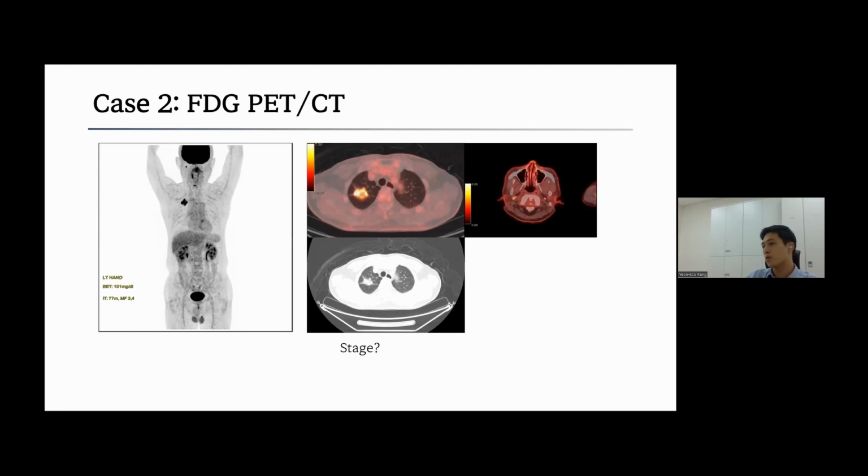No invasion or bronchial involvement was observed. No other metastatic lesions, including lymph node or liver or bone, were observed. So the stage is T2a, N0, M0. The patient received lobectomy, and the final pathologic stage was also T2a N0.